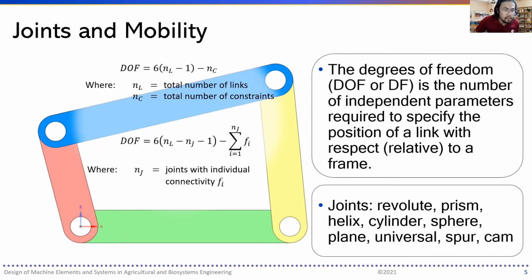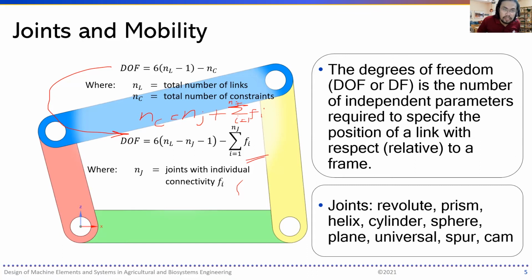We see here that n of c is actually n sub j plus the summation of f of I from I equals 1 to n sub j, and it becomes this final equation, and these are just equivalent.